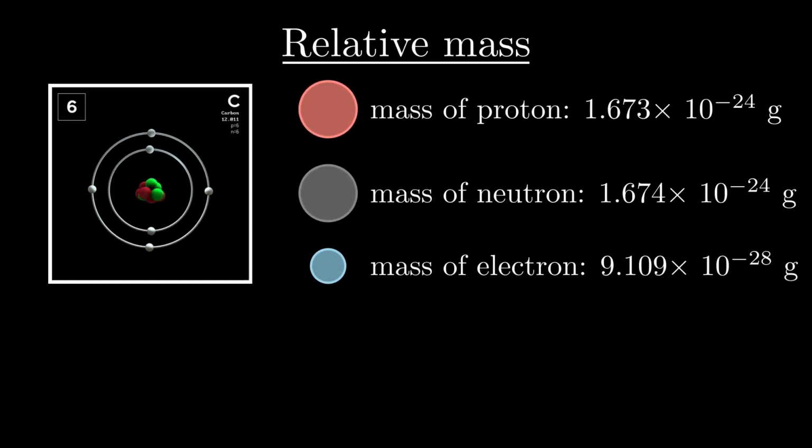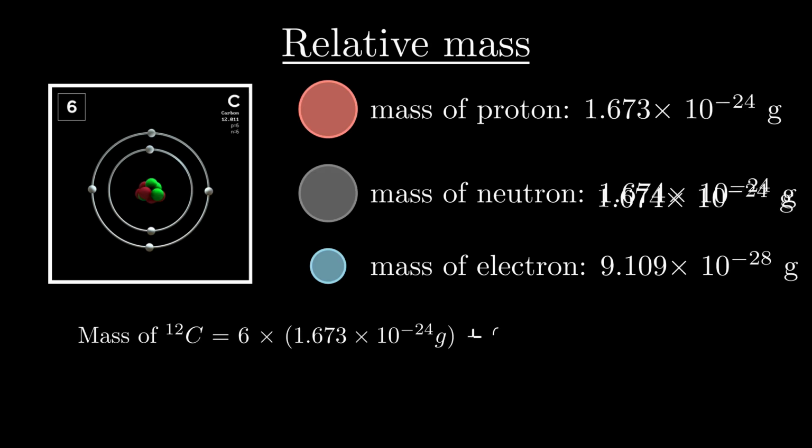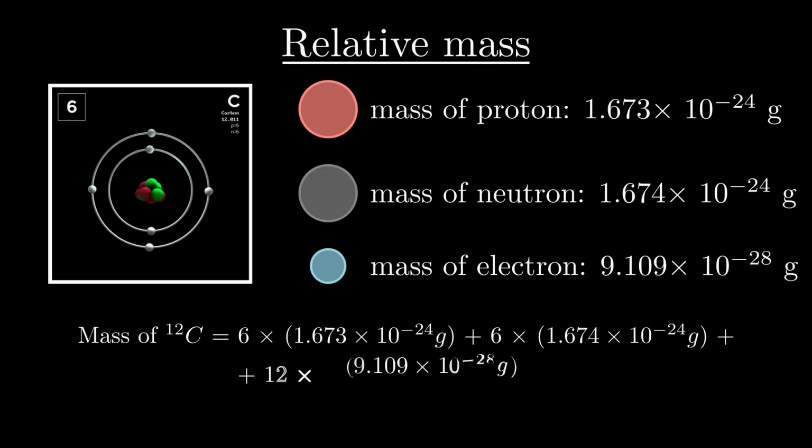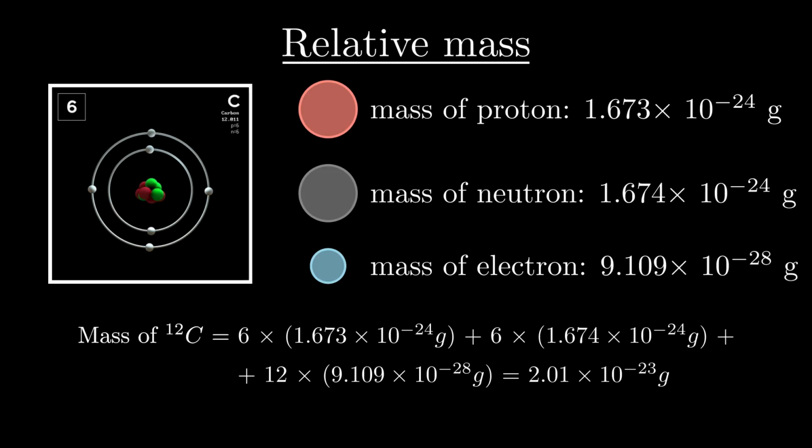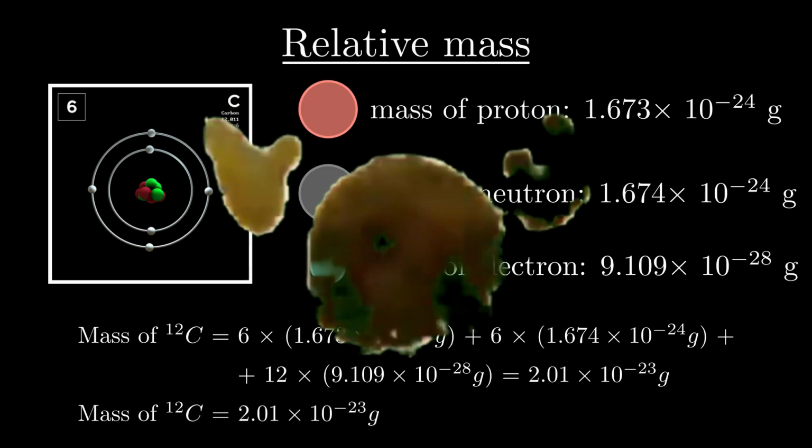For example, let's calculate the mass of a carbon-12 atom. It will have 6 protons, 6 neutrons, and 6 electrons. And this will give us 2.01 times 10 to the power of minus 23 grams.